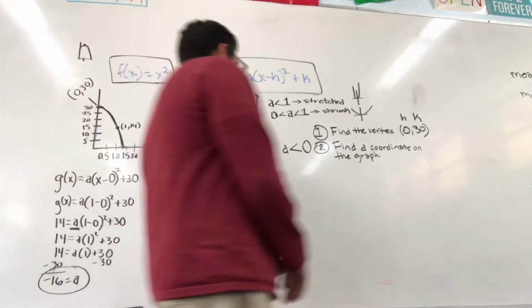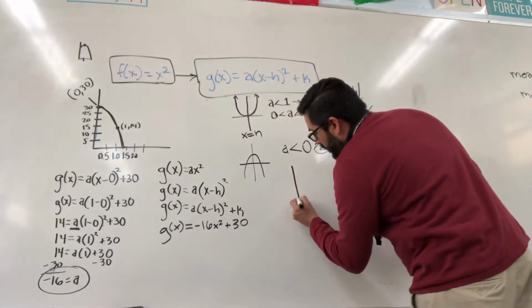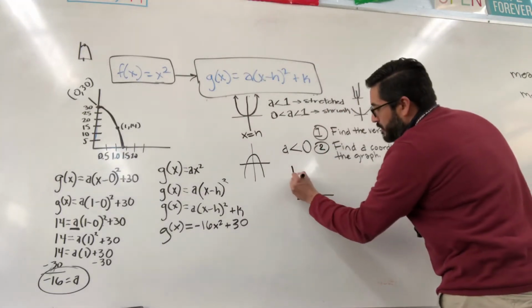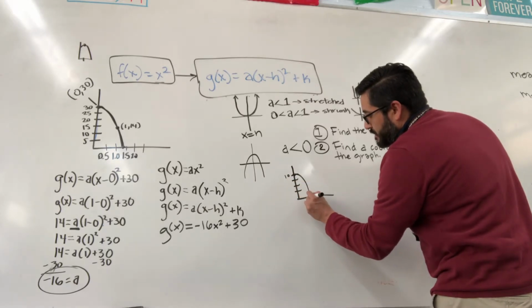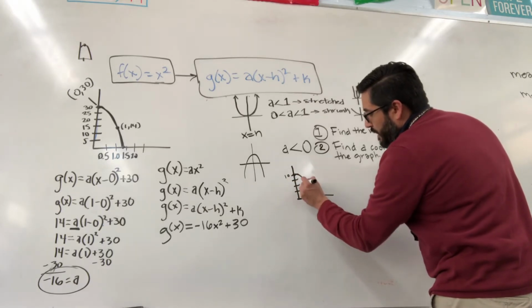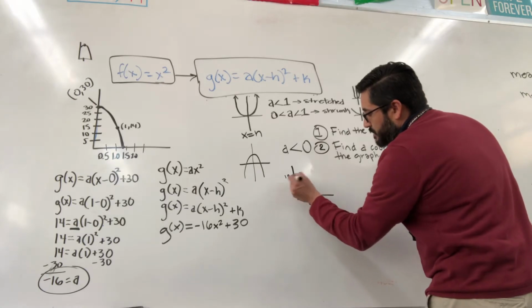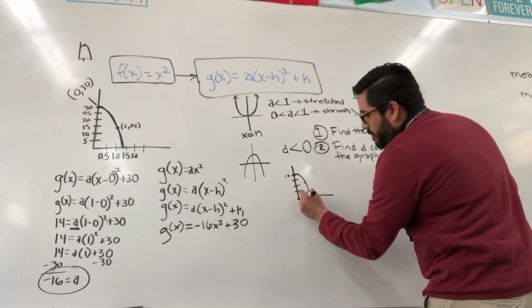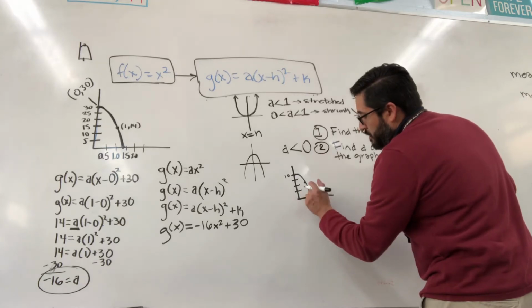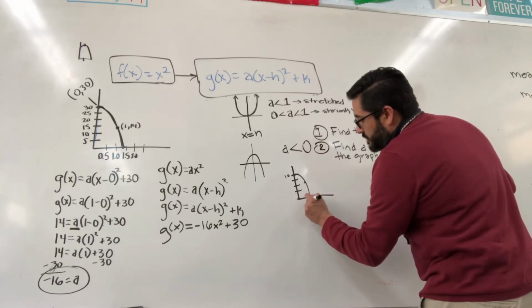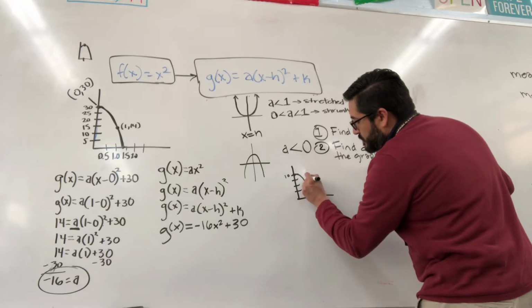So if I were to give you any other graph, say this is 10, and go like this, and say this is 2, and then this point right here is, let's just say that point is 2, 5, okay?